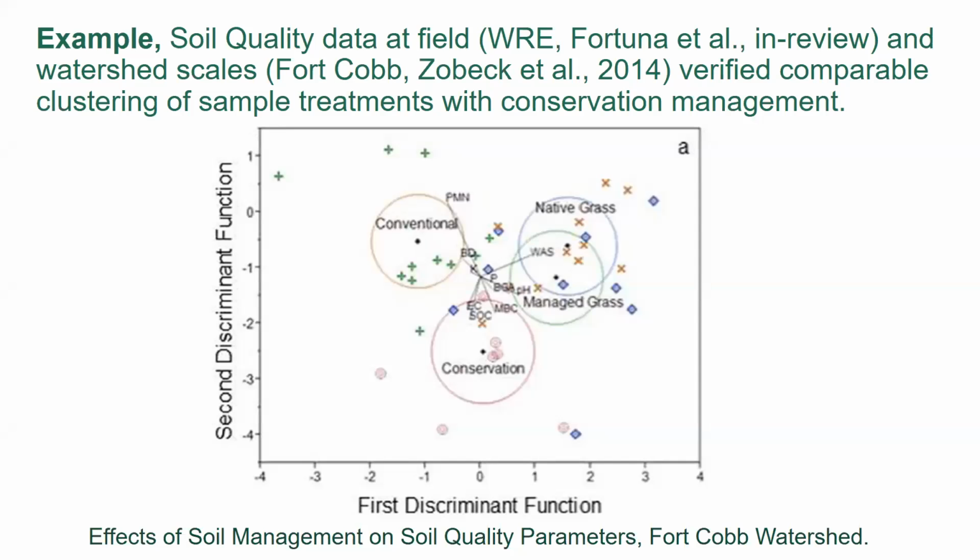Let's take an example in which we use multivariate to assess soil quality. In the first example, this data is taken from Fort Cobb in 2006, and it's from 4 different treatments: the native and managed grasslands compared to the 2 agronomic managements in winter wheat, one under conservation and the other conventional tillage management.